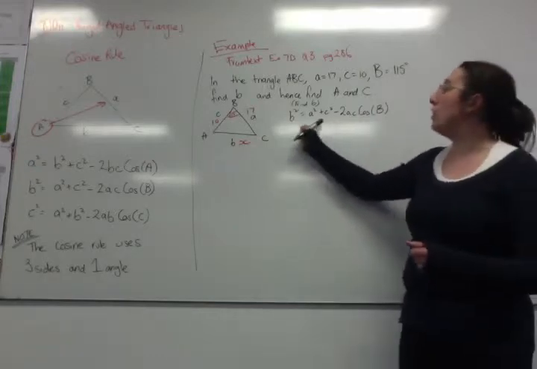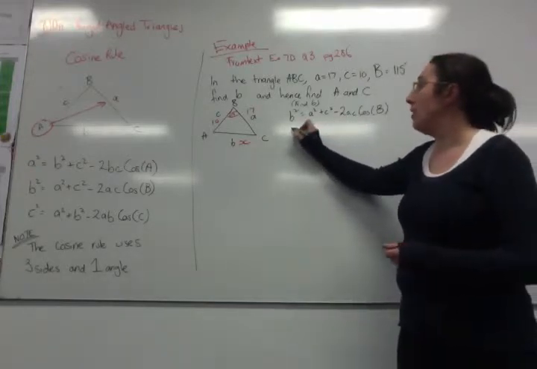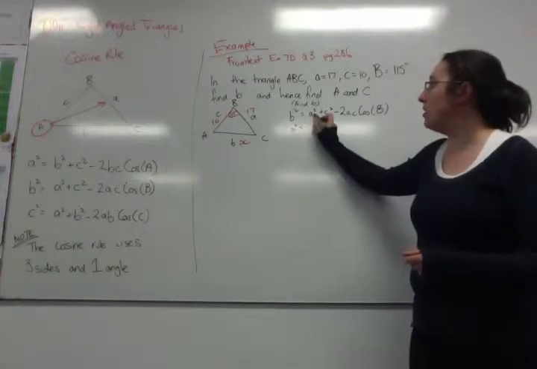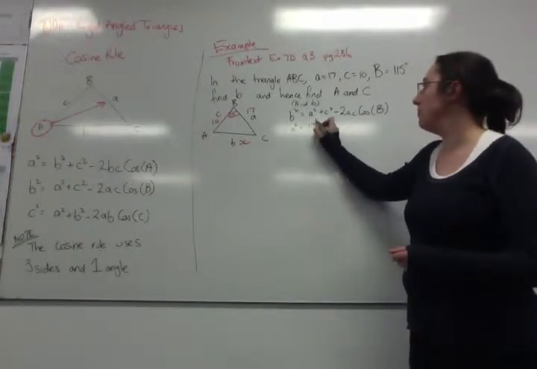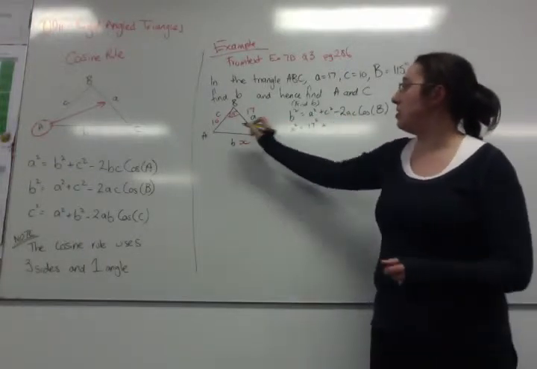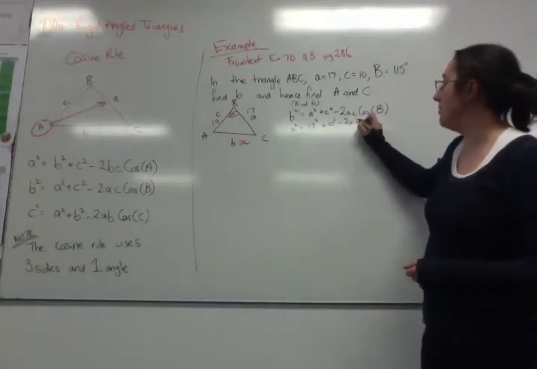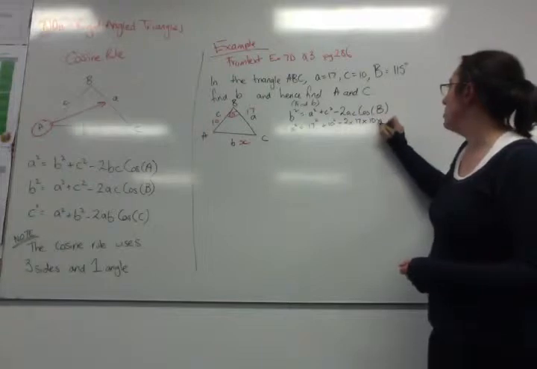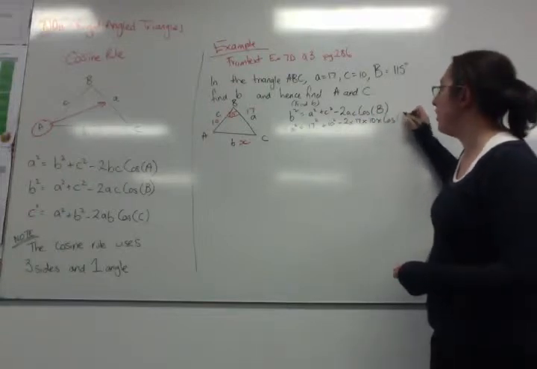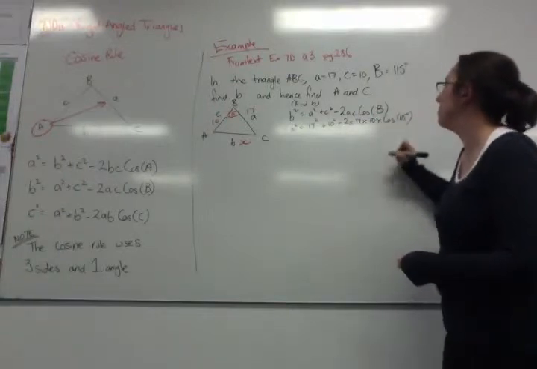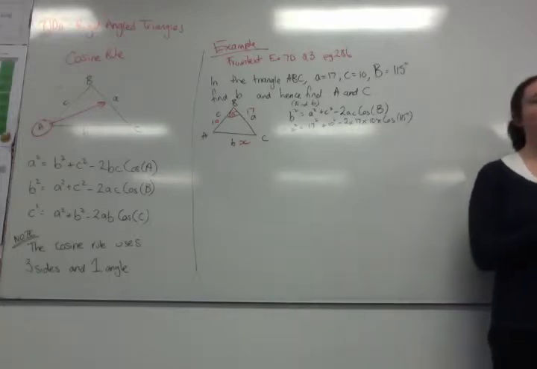You've got your information, fill it in. x squared is equal to a squared, which is 17 squared, plus c, which is 10 squared, minus 2 times a, 17, times c, which is 10, times the cos of the angle B, which is 115 degrees. Okay, I haven't done any maths. I just filled in a rule.